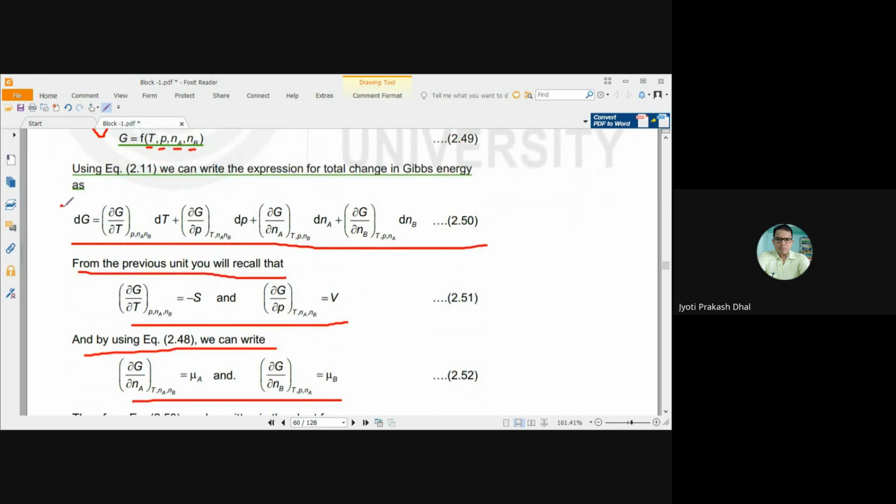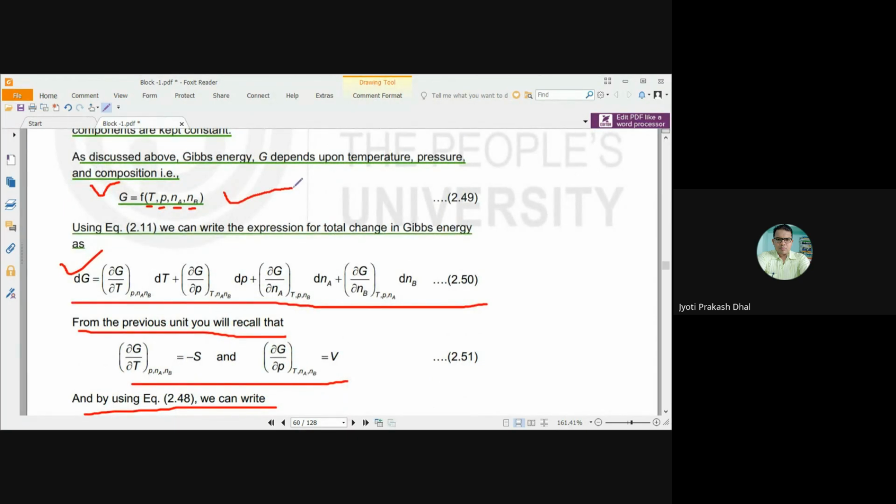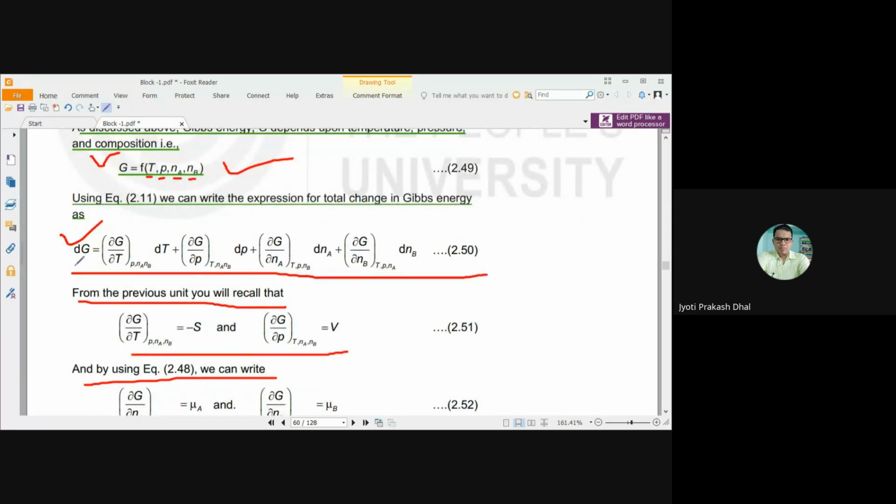Now using the differential of this equation, we can write dG equals del G by del T dT at constant pressure, n_A, n_B, plus del G by del P dP at constant temperature, n_A, n_B, plus del G by del n_A dn_A at constant temperature, pressure, n_B, plus del G by del n_B dn_B at constant temperature, pressure, n_A.